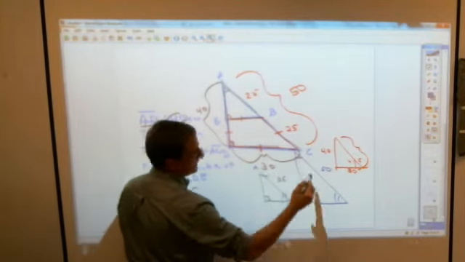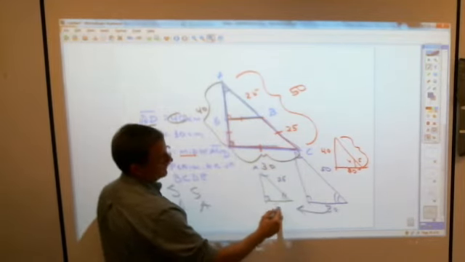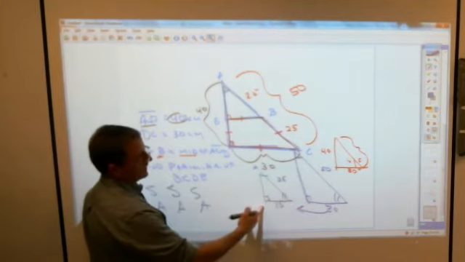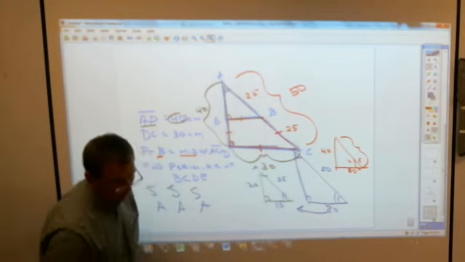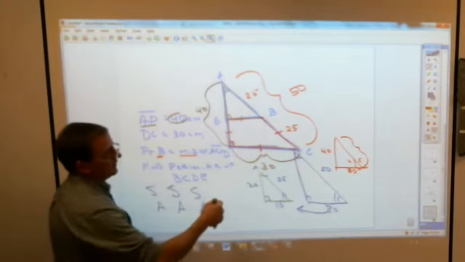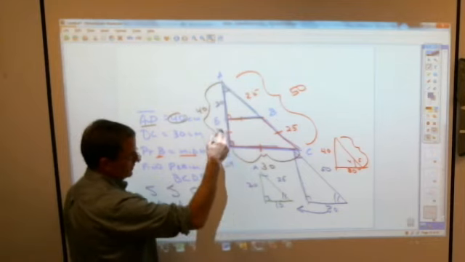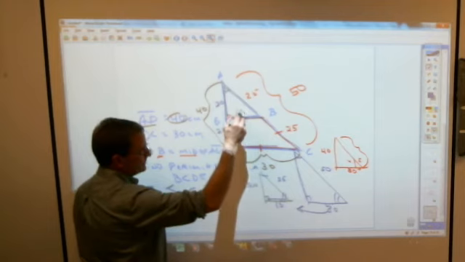So if this whole side on the bottom was 30, then this side is 15. If this whole side is 40, then this side is 20. Yes, it's true what you were saying, but you can't just say that, Matt. I know that this is 20, so that means this has to be 20. And I already figured out the bottom has to be 15.